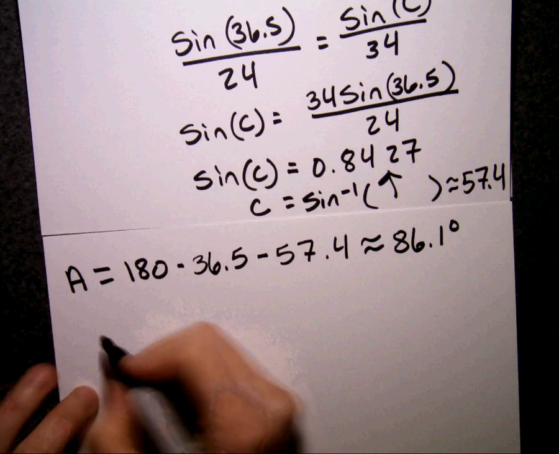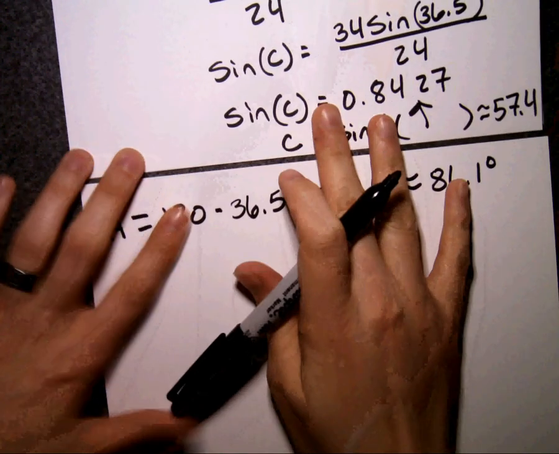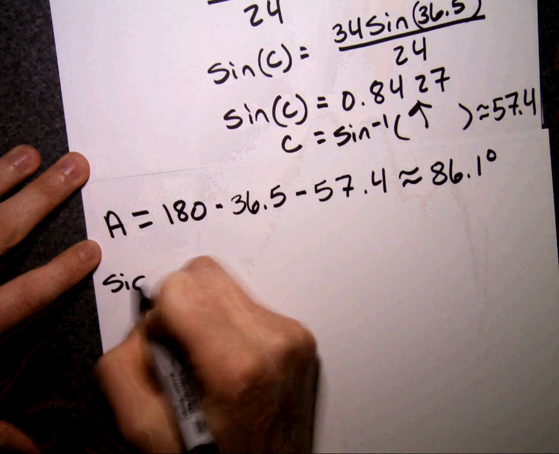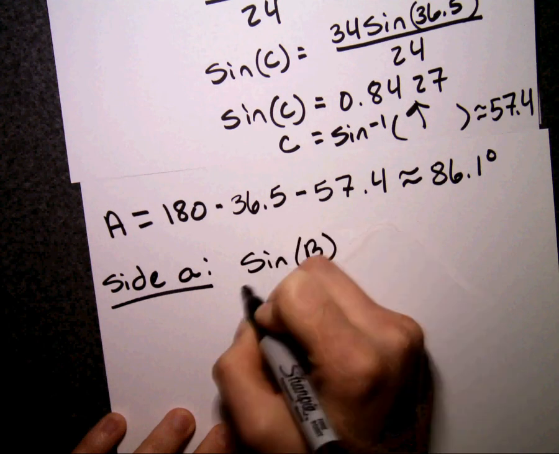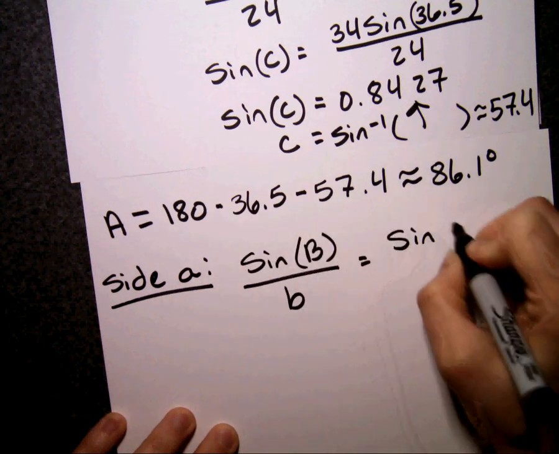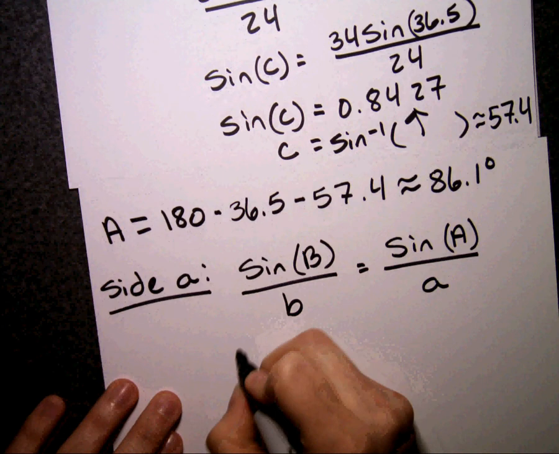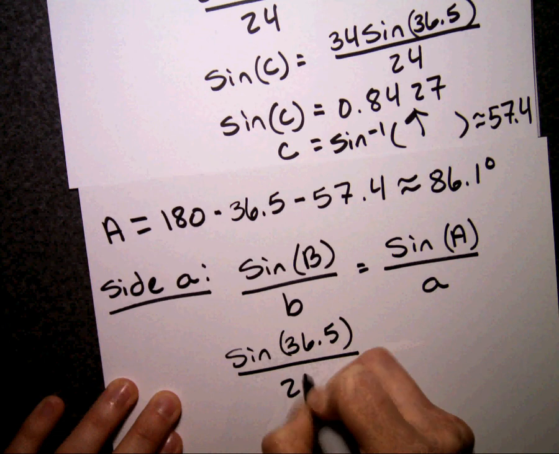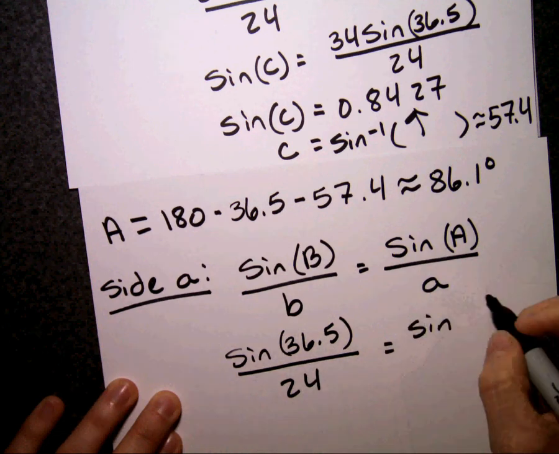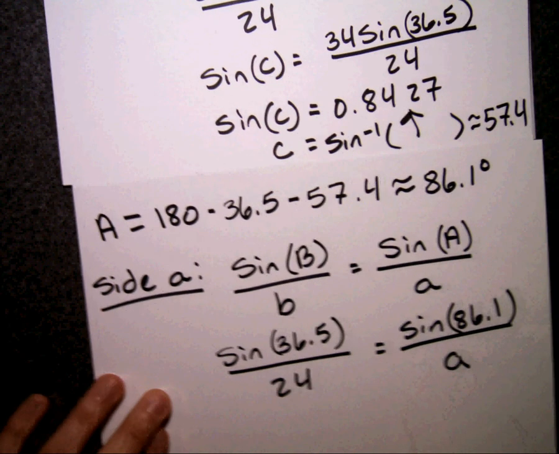I like to be consistent, so I'm going to keep with sine of B over B, just like we did for angle C. But this time we'll be finding side A. So I have sine of B divided by B equals sine of A divided by A. So filling in all the information that I know, sine of 36.5 divided by 24 is equal to sine of, we just found A to be 86.1, divided by side A, which is what we want to know.